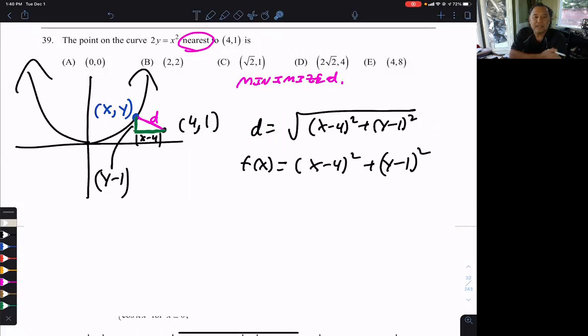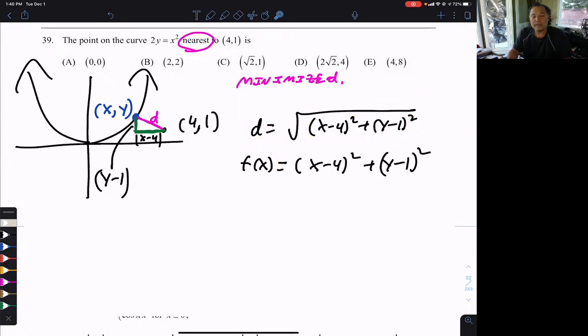And here's the logic I'm going to use. If I can make the inside of this as small as possible, then the distance will be smallest. So instead of minimizing the whole square root, all I have to do is minimize the inside part. So I'm going to minimize f. My claim is, if I minimize f, I minimize the distance d.